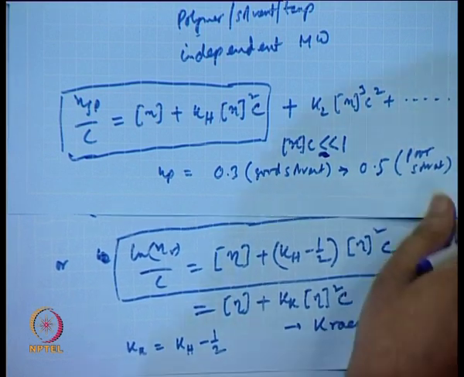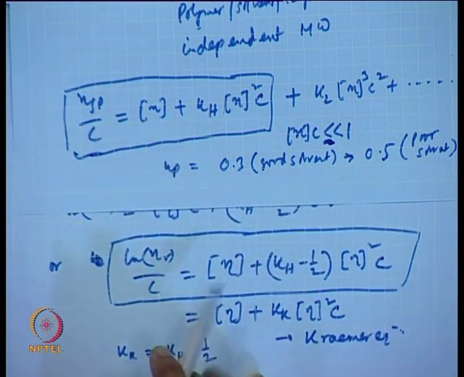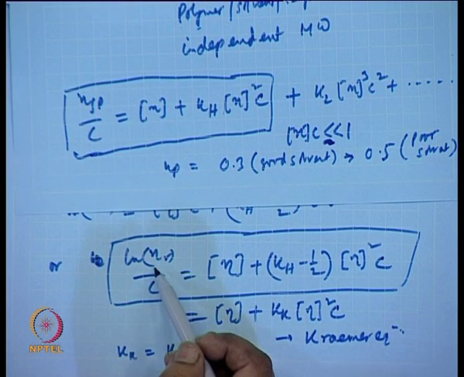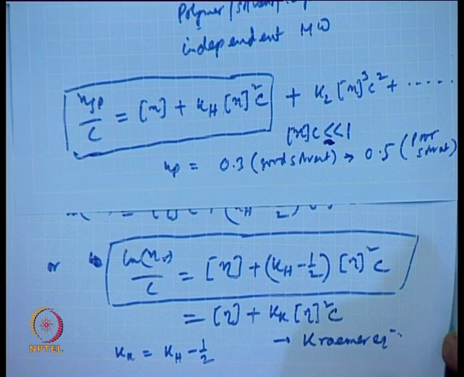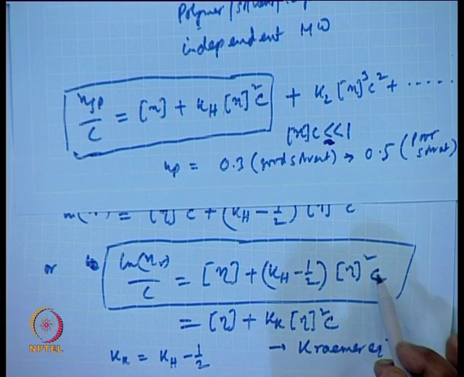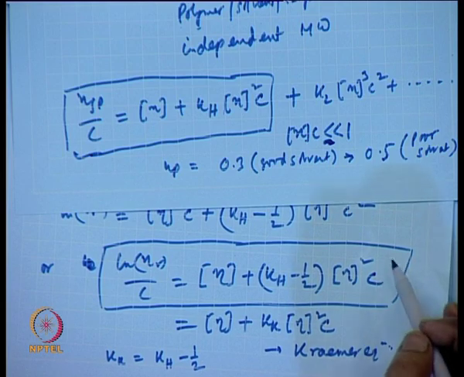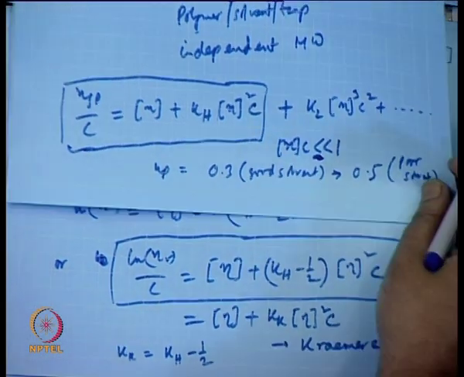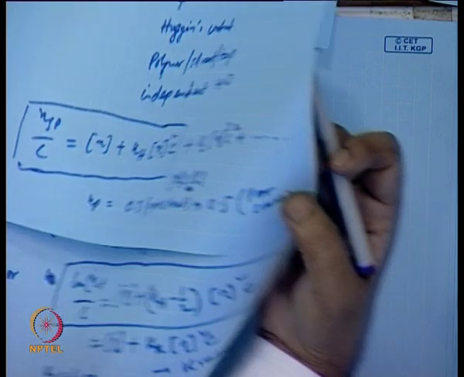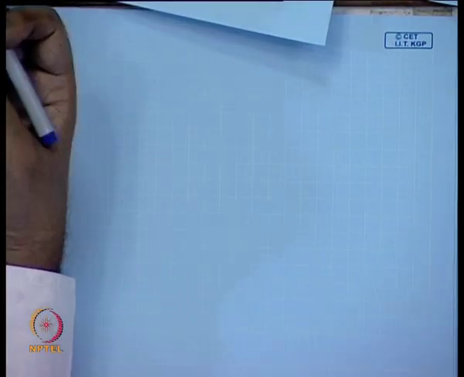So, you can plot eta Sp by C or this term inherent viscosity with respect to C, and then from slope and the intercept you can get the value of intrinsic viscosity.